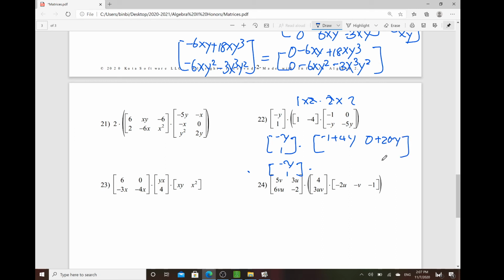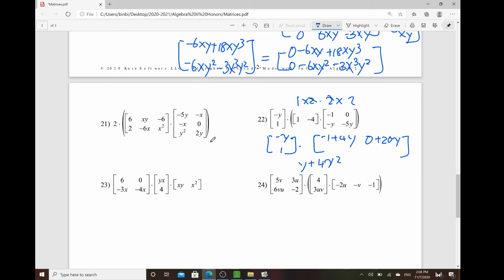So now it should be multiplicable. And the rest of this. Okay, I just want to get an eraser here. Okay, so again, rows times column. So negative y times negative 1 plus 4y, so positive y plus 4y quantity squared.